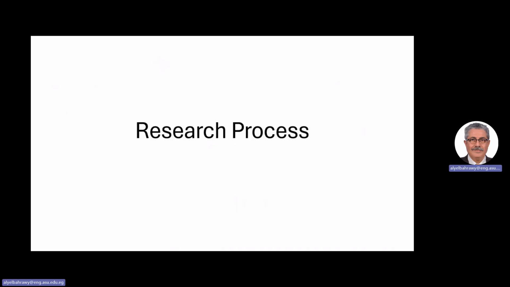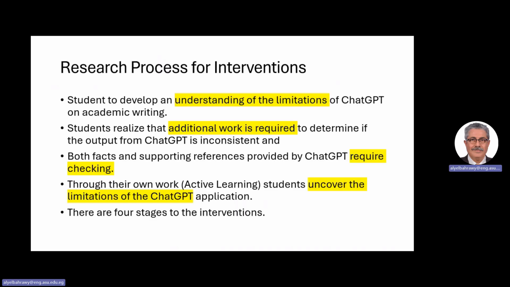After finishing the review of the 7 technical writing characteristics, we discuss the research process. The whole paper is based on interventions, and this is the process for the intervention. Students develop an understanding of the limitations of ChatGPT in academic writing.